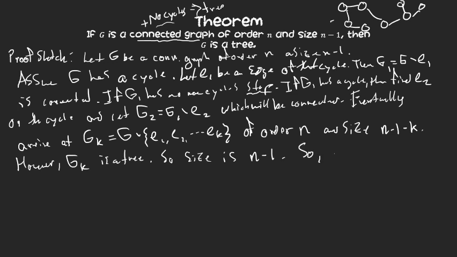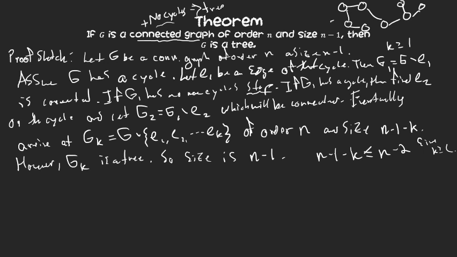So, well, that's impossible. We assumed it had at least one cycle. And so that was basically saying then that k has to be greater than or equal to 1. But n minus 1 minus k would be less than or equal to n minus 2, since k was at least 1.